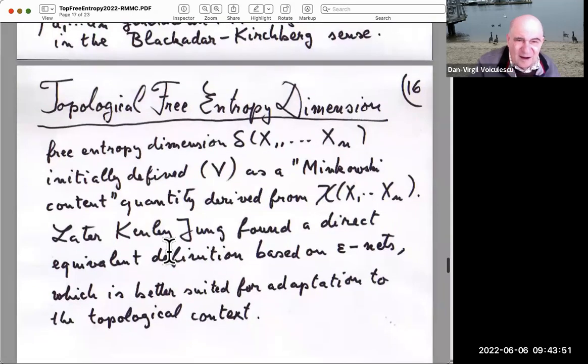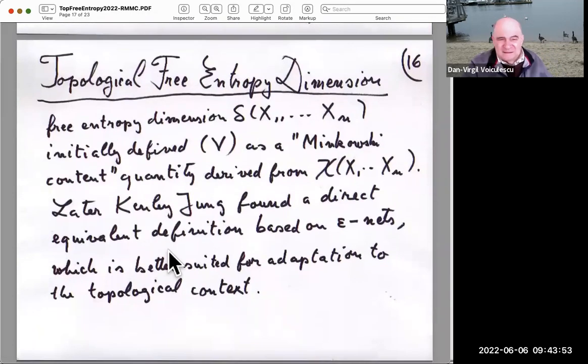Okay, now one of the dreams with free entropy is that with free entropy in the usual sense, one would be able to distinguish von Neumann algebras, that one has properties which distinguish, but that one should be able to compute something.